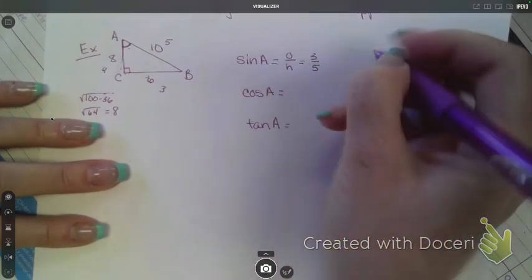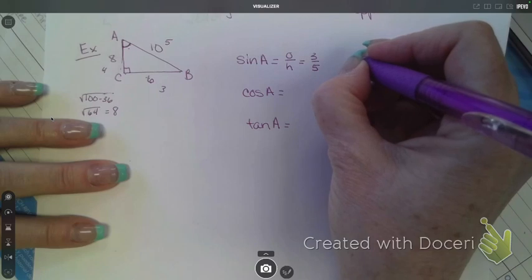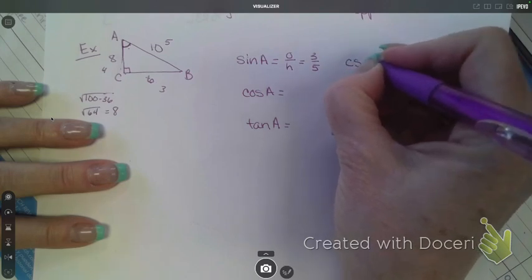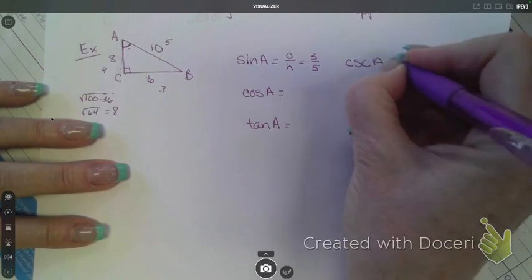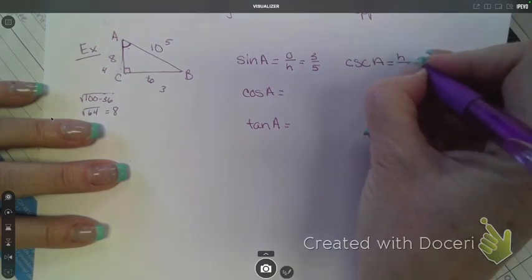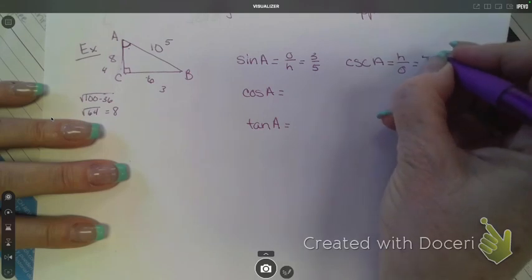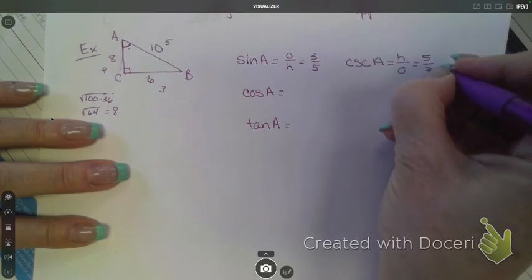So if I know sine, I automatically know what? Cosecant. So it's hypotenuse over opposite. Write those, guys. So 5 over 3. Some of you don't know them yet.